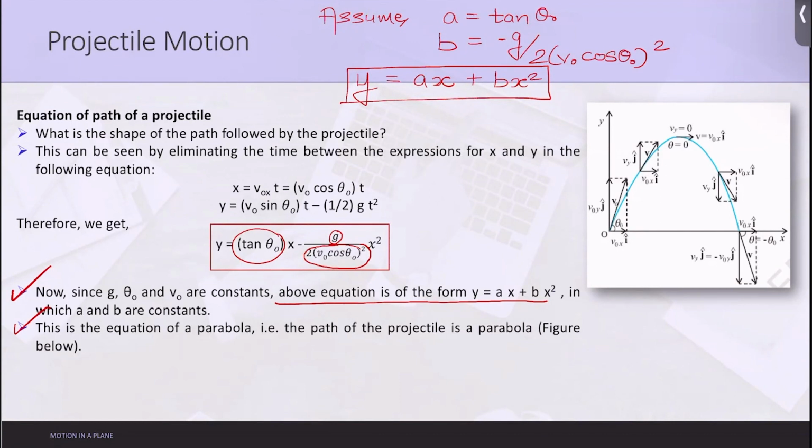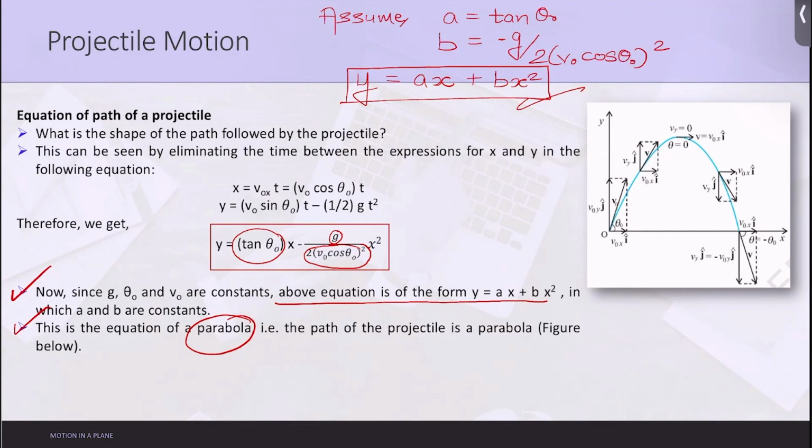In further mathematical analysis, you will understand about pair of straight lines, then circle, then parabola, then hyperbola. I won't go into detail here about why it is a parabola; you will understand each concept there. So we understood that the result is of the form ax plus bx square, and hence it is the equation of a parabola. This will be much clearer when you study these concepts in mathematics.